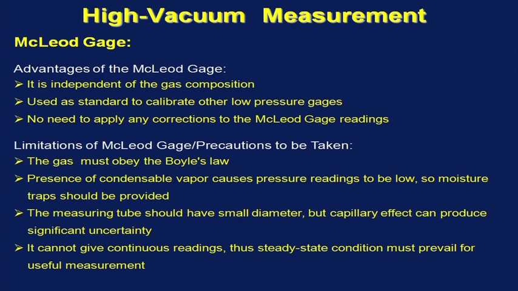So, now let us look at some of the advantages and limitations of McClure gauges. A major advantage of McClure gauge is it is independent of the gas composition. It can be used as a standard to calibrate other low pressure gauges in the range over which McClure gauge can be used, and there is no need to apply any corrections to the McClure gauge readings.